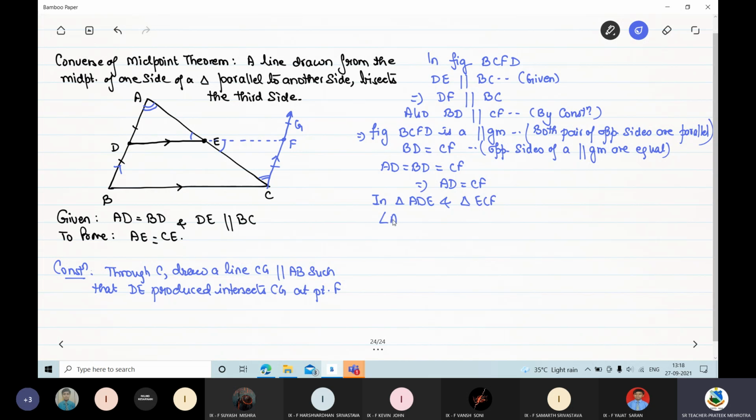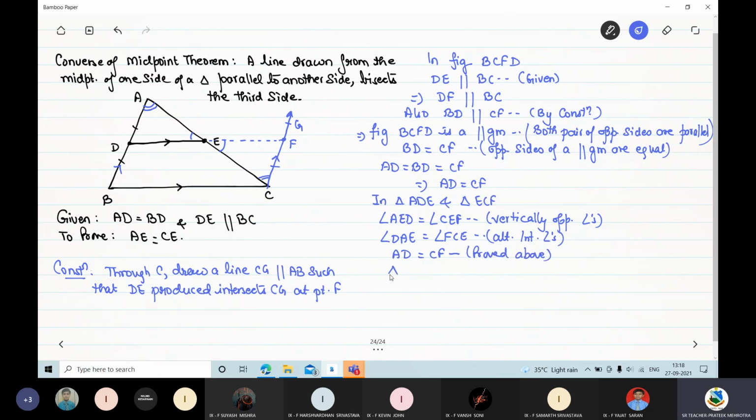So angle AED will be equal to angle CEF, they are vertically opposite angles. And angle DAE will be equal to angle FCE, they are alternate interior angles. Also, AD is equal to CF. This is proved above.